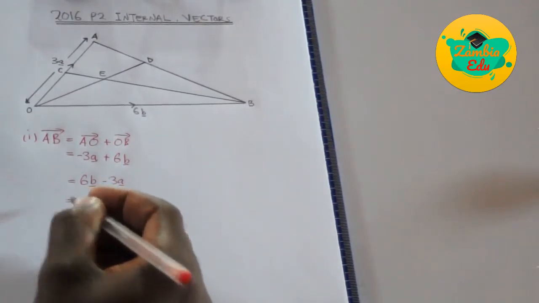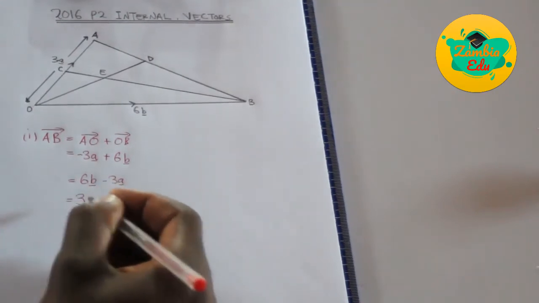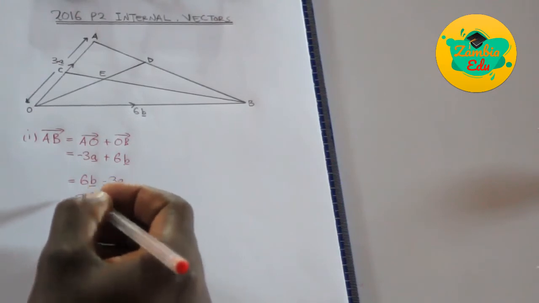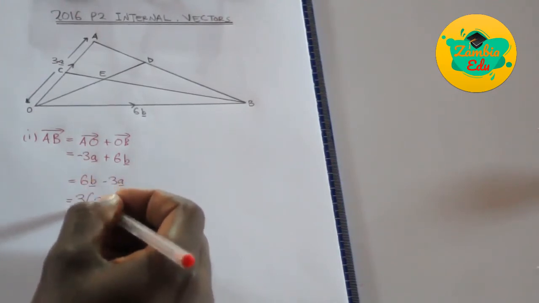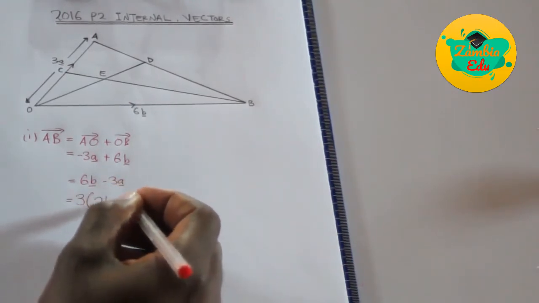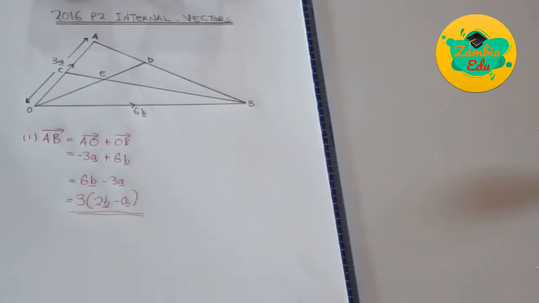What's common there? We notice that 3 is common. So 3 into 6 gives us 2B, minus 3 into 3A gives us A. So we get 3(2B minus A), and we can end there. That is our first answer.